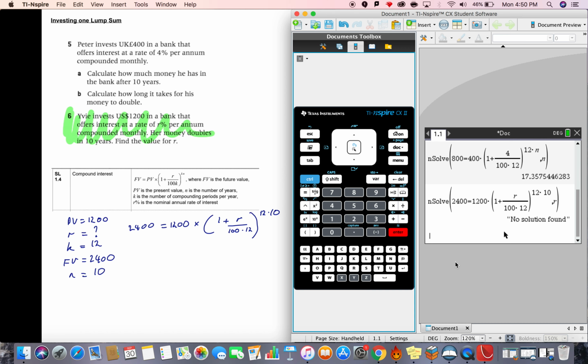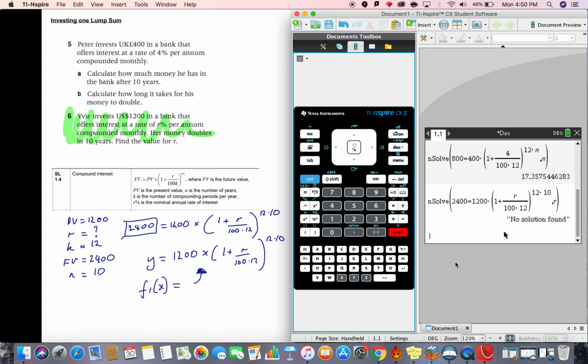So if I write y equals 1200 times 1 plus R over 100 times 12, to the power of 12 times 10, and y is f1 of x equals all of this. If I type that in as a graph, then what I have to do is find out for which particular value of R I will get a y value of 2400.